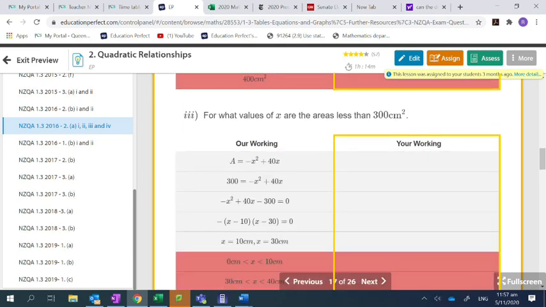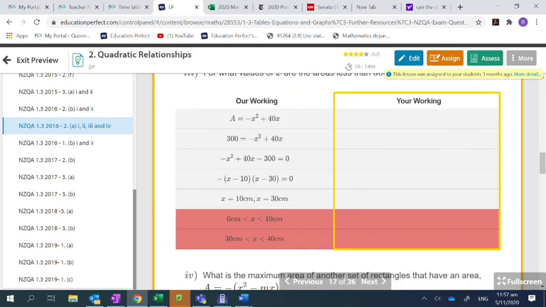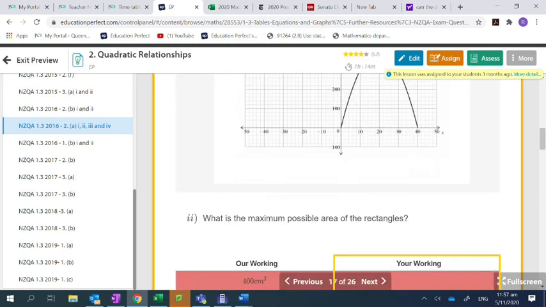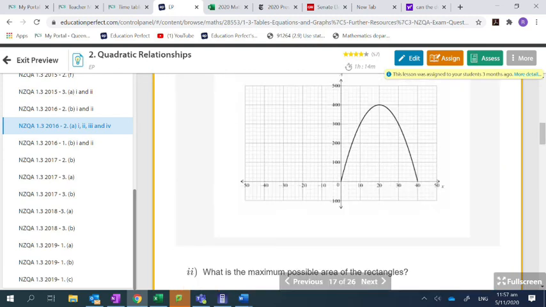For what values of x are these areas less than 300? Well, you simply put in the area of 300, set it equal to the equation, and then solve it. And it'll give you your two values. Now, I'm thinking you could also solve this graphically without having to use math.